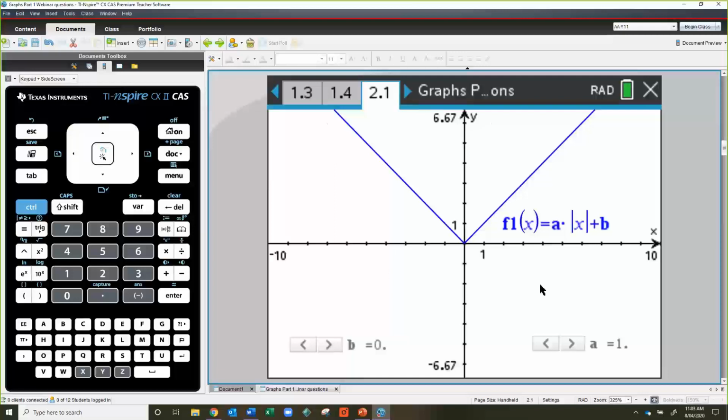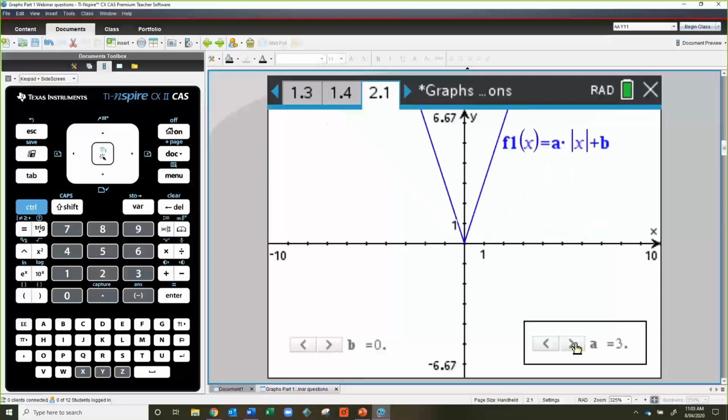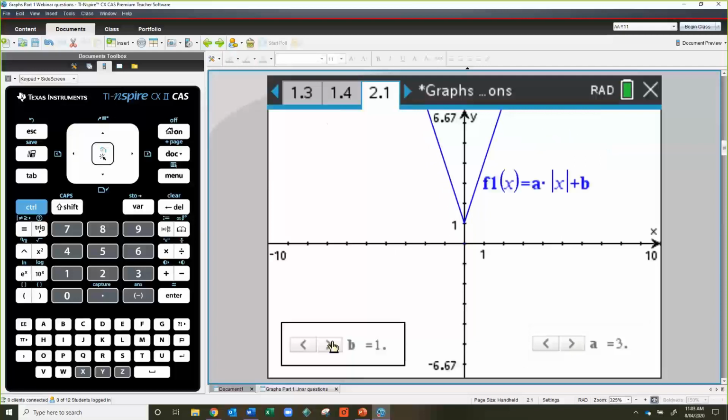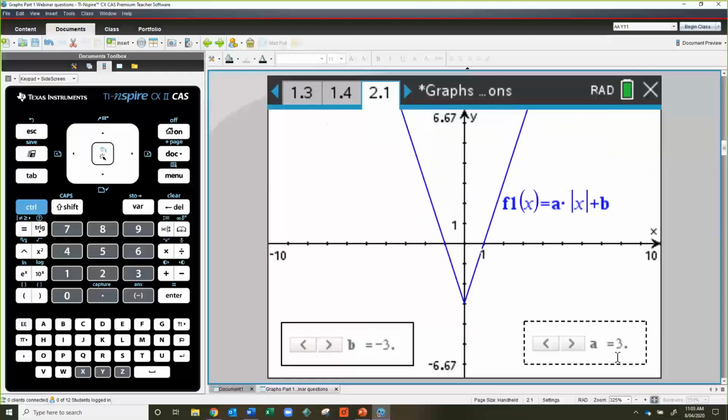Next, let's have a look at the transformation with our modulus. So if I have a multiplied times modulus x plus b, if a gets bigger and bigger, the graph gets narrower. It's the dilation by factor a from the x-axis. b, of course, will be moving the graph up and down.